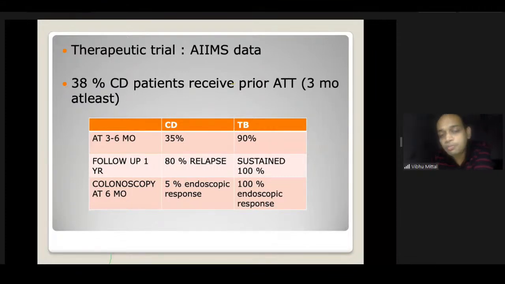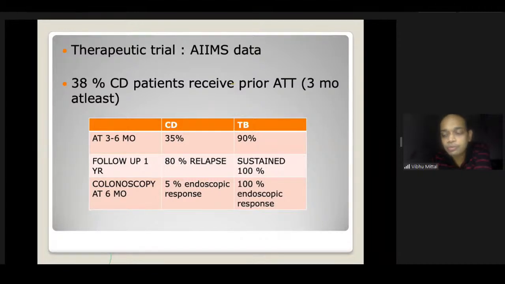When those patients who had improved were followed up for 1 year, around 80% of patients who were ultimately diagnosed as Crohn's had relapsed. While for tuberculosis, all 100% of patients who had shown response sustained response. At colonoscopy at 6 months, in patients who had response, only 5% had endoscopic response when the underlying diagnosis was Crohn's disease.